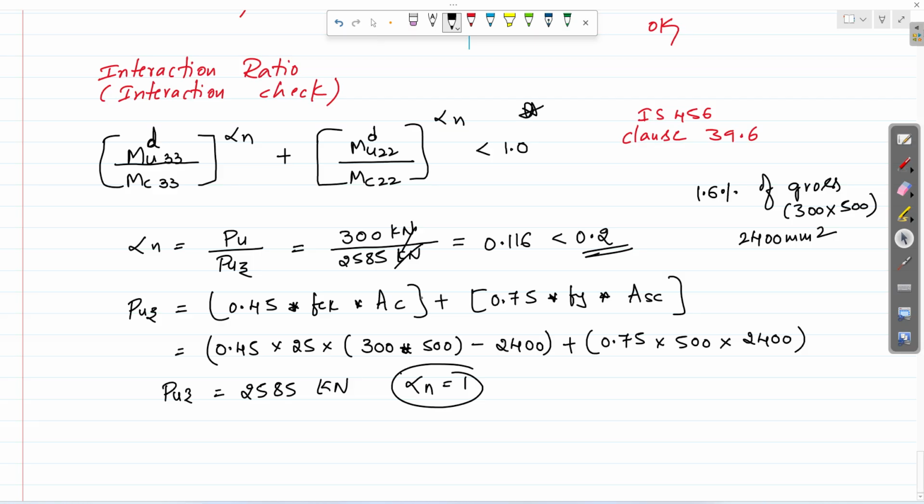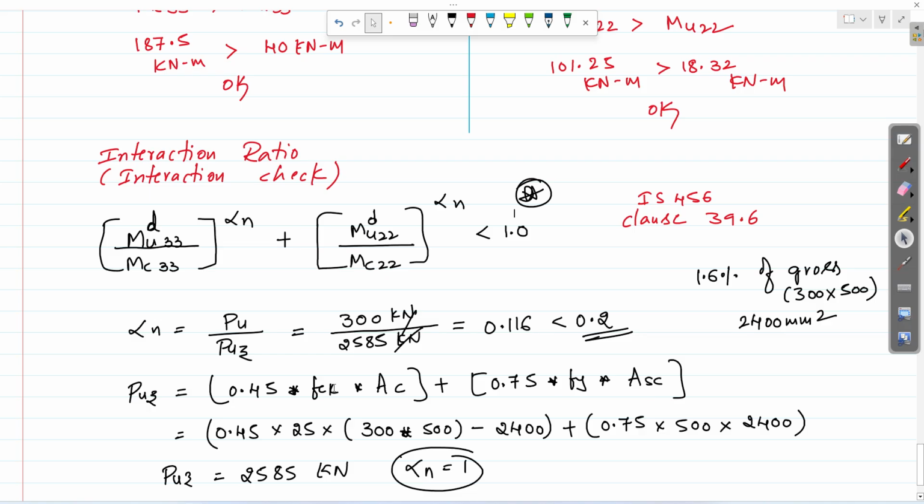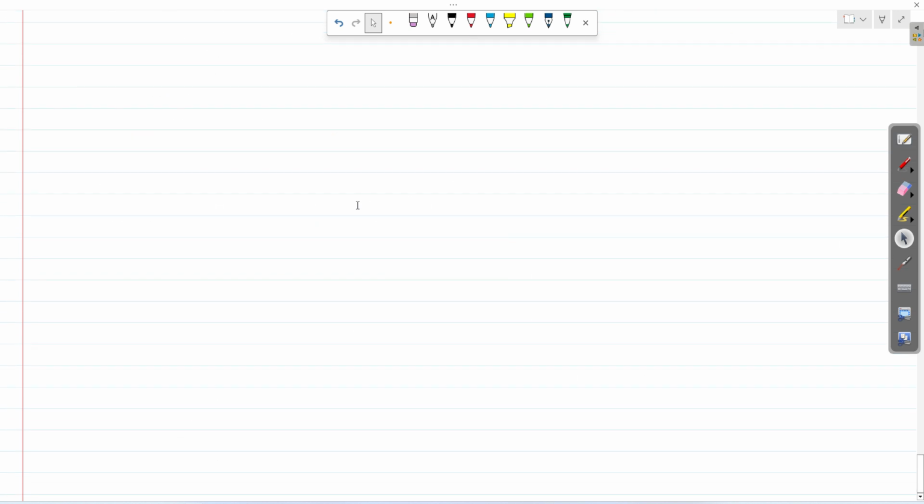If you substitute all the values in this equation, design moment divided by capacity about 33 to the power alpha n, plus design moment divided by capacity about 22 to the power alpha n, this interaction ratio should come less than 1.